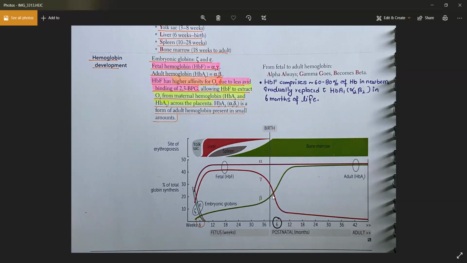So any symptom which happens because of any beta chain mutation, for example, sickle cell anemia or beta thalassemia, right? Their symptoms will only arise after the 6 weeks. Before 6 weeks, the baby has no symptoms. Only after 6 weeks the symptoms will start happening, right? When the gamma chain level will be decreased very much.